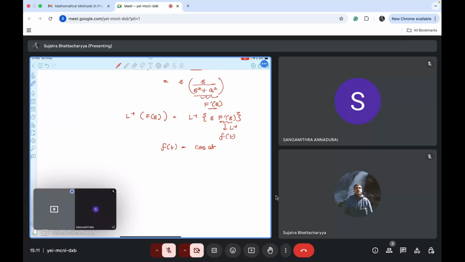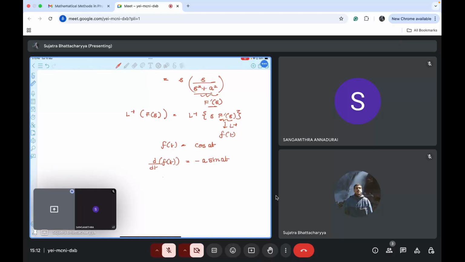Simple. This is done. Now, what I require is d/dt of f(t), right? d/dt of f(t) is nothing but a negative sign, a sine at. And also you have f(0), which is cos of a times 0, which is nothing but 1, right?